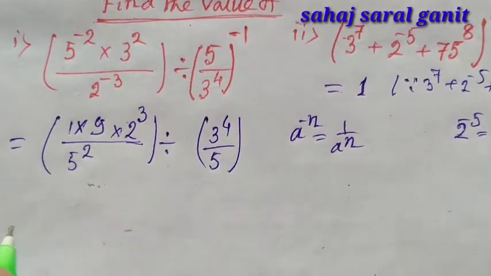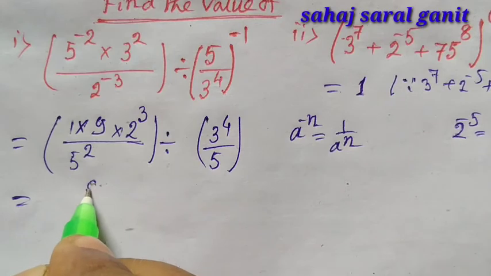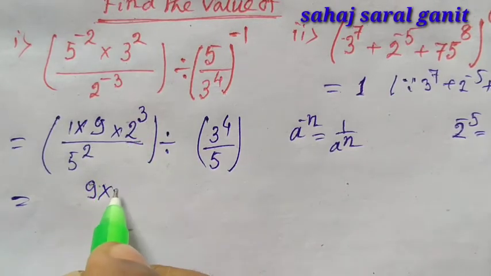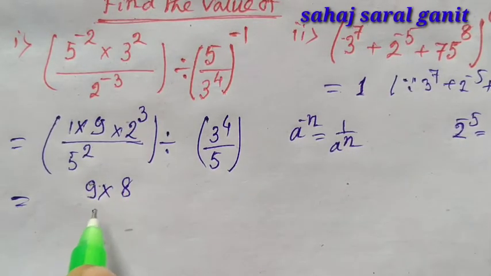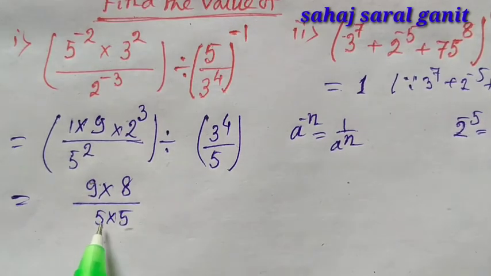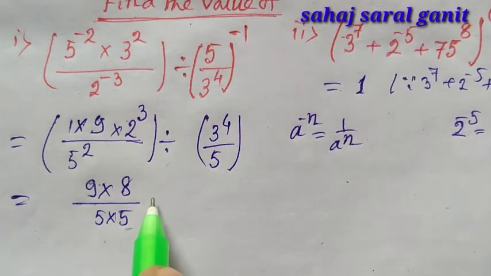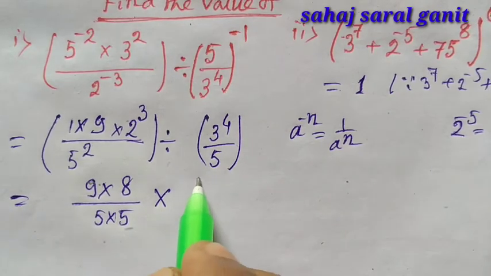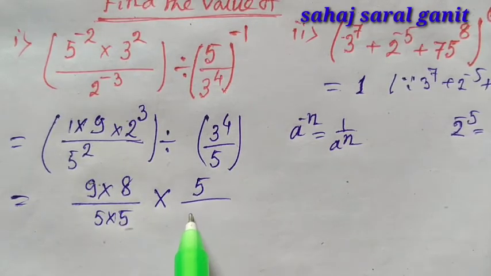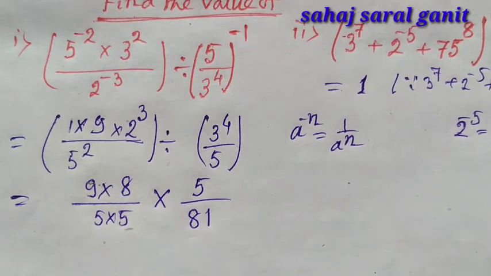Now 2 cube is equal to 8, and 5 square is 5 into 5. Now it is multiplied by 5 divided by 3 to the power 4. 3 to the power 4 means 81.